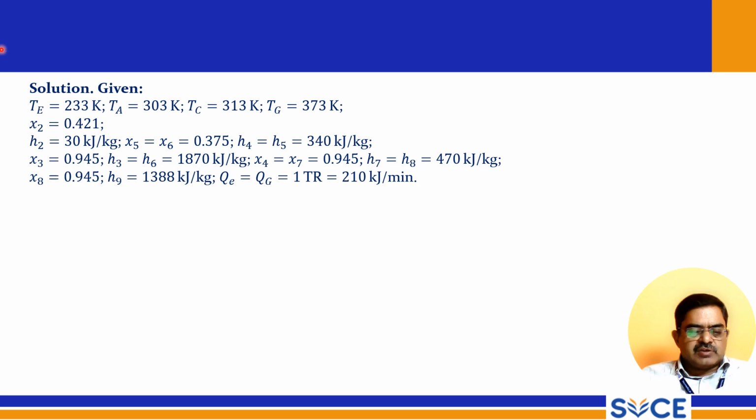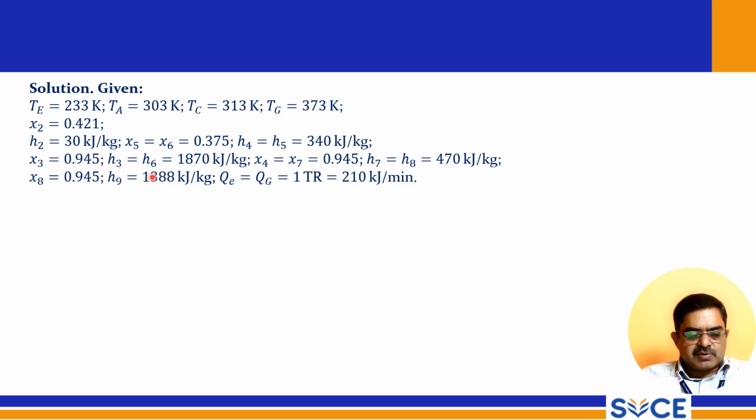Given data: TE equals 233 Kelvin, TA equals 303 Kelvin, TC equals 313 Kelvin, TG equals 373 Kelvin. I have already converted into Kelvin. X2 equals 0.421 and H2 equals 30 kilojoules per kg, and X5 equals X6, that is 0.375. H4 equals H5, that is 340 kilojoules per kg, and X3 equals 0.945, from the table.